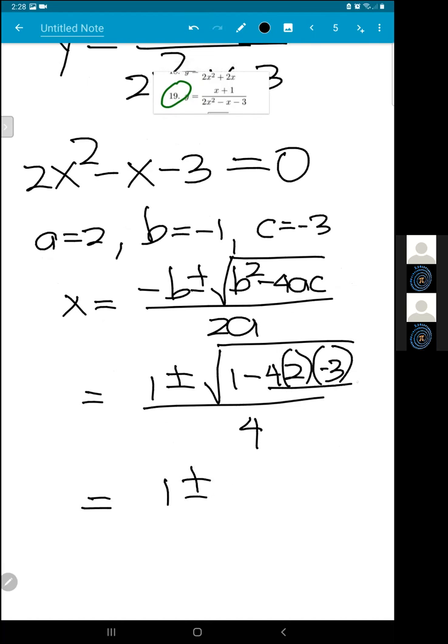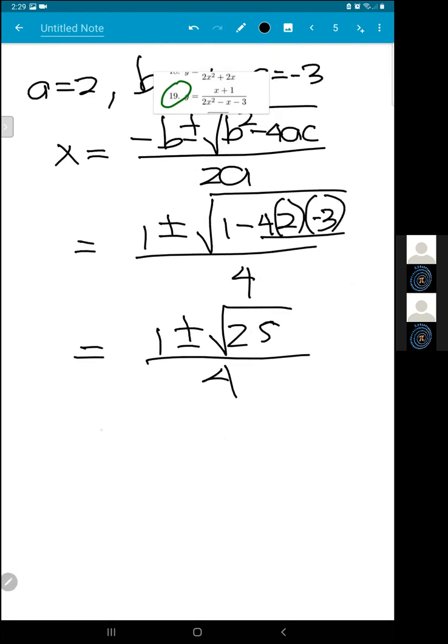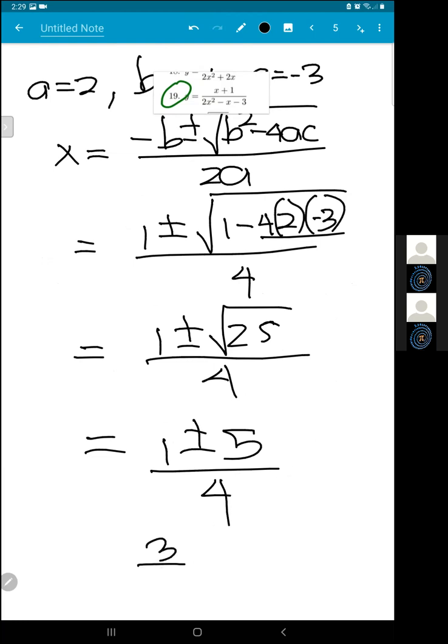So this is 8 times 3, okay, 25. So it's exact, a perfect square. So 1 plus 5, 6 over 4, that is 3/2, and 1 minus 5 over 4, so -1.